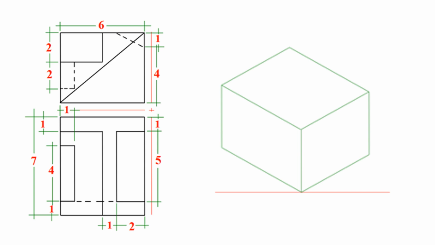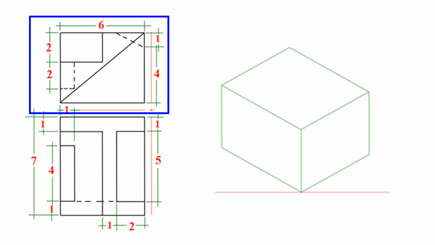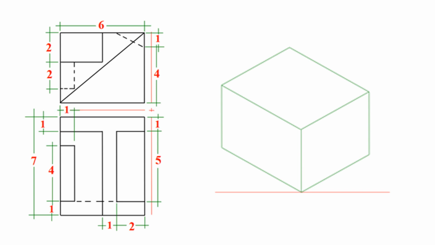Looking at the front view, we can see a rectangle that measures 3 units wide and 2 units tall. Using the front view, we get the x-axis width and the z-axis height values for this feature. But to place this rectangle in 3D space, we need its depth, its position on the y-axis.